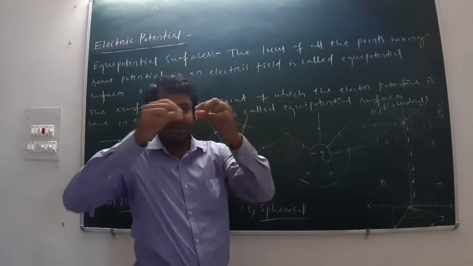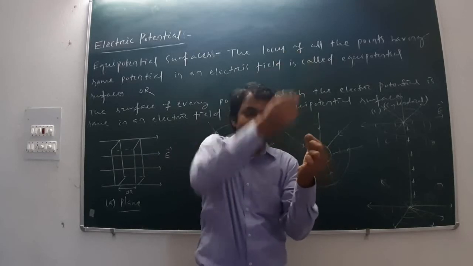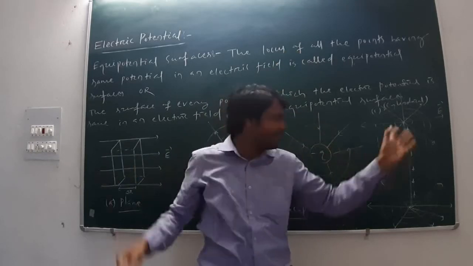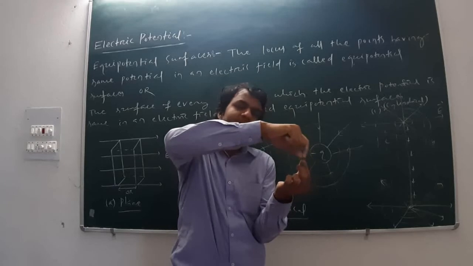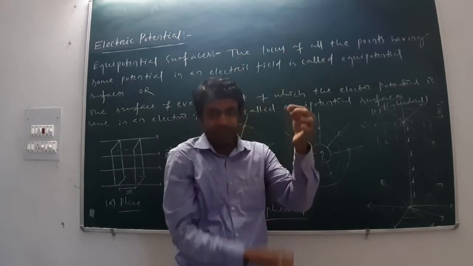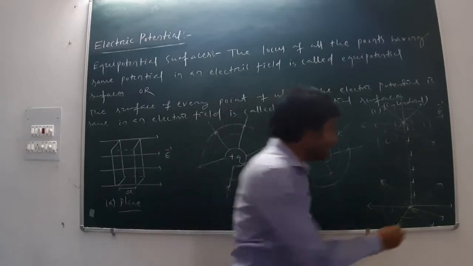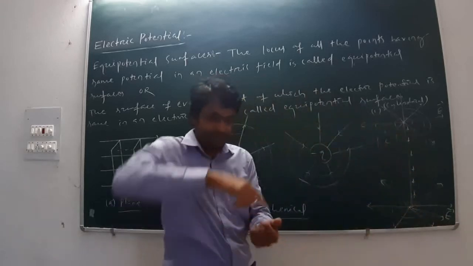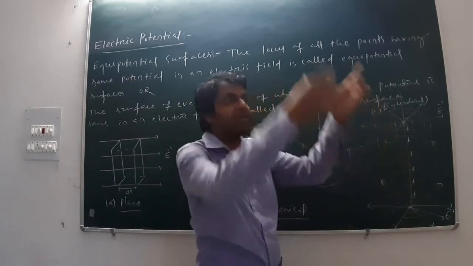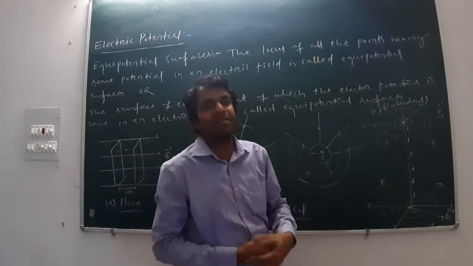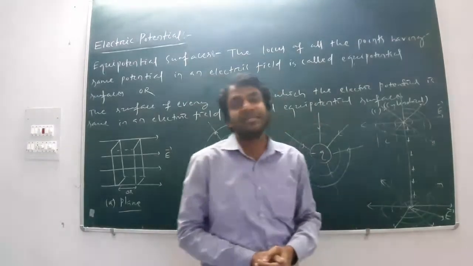If I draw the electric field lines at one terminal, they are in this direction because it is positive, and at the other terminal the electric field lines are like this. If I join them, the ends are spherical, and totally it looks cylindrical in shape. Therefore, the equipotential surface is cylindrical in shape.